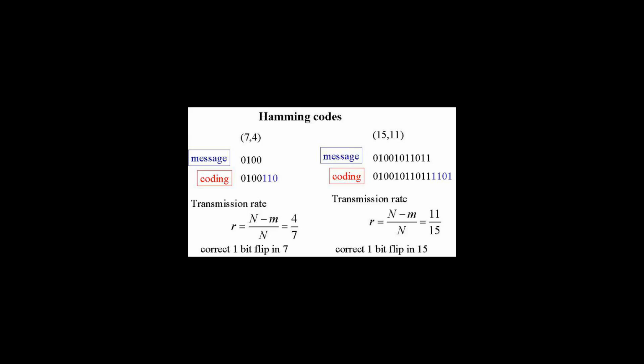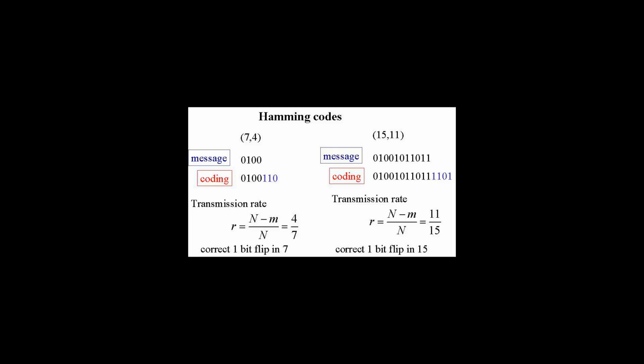since (7,4,3) = (n,k,d) = (2^m - 1, 2^m - 1 - m, 3). The parity-check matrix H of a Hamming code is constructed by listing all columns of length m that are pairwise independent.